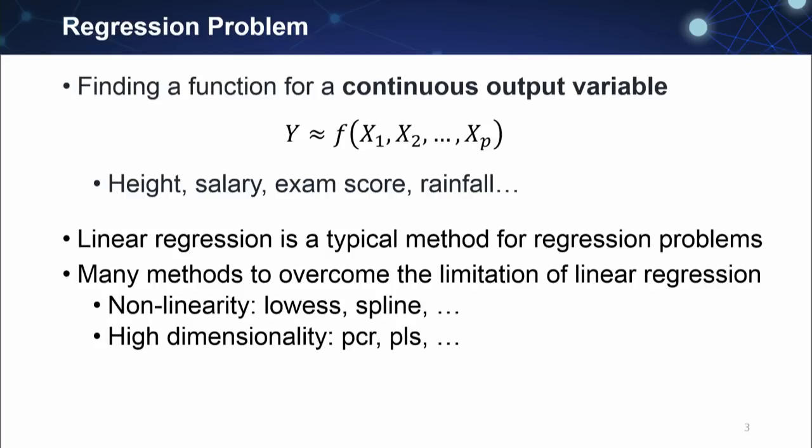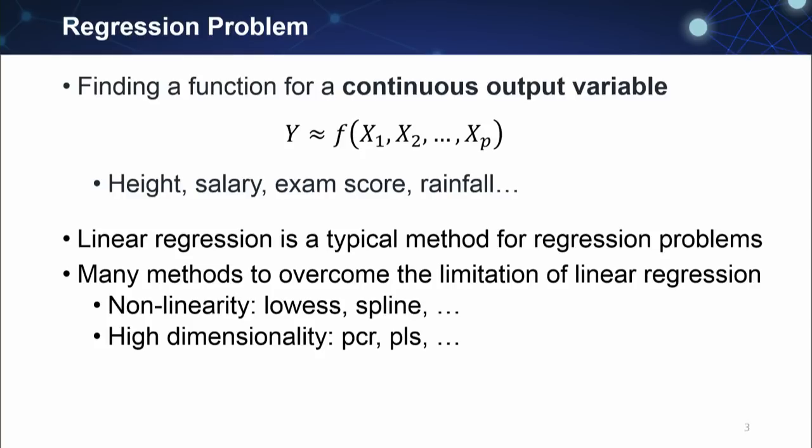The major limitations of linear regression are, first, it cannot capture non-linear relations. And the second major limitation is that linear regression doesn't have a good way to apply to high-dimensional data with many input variables.